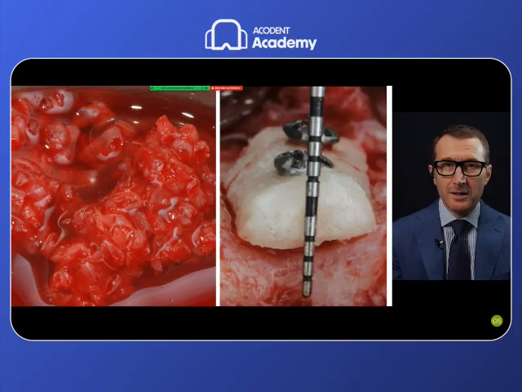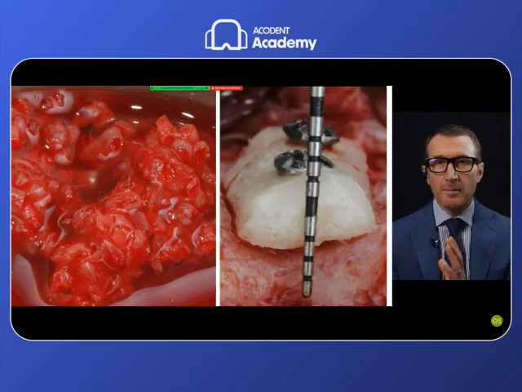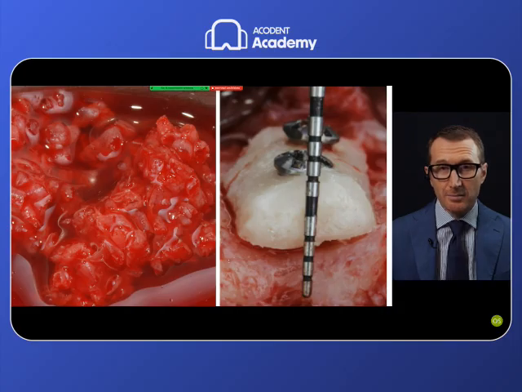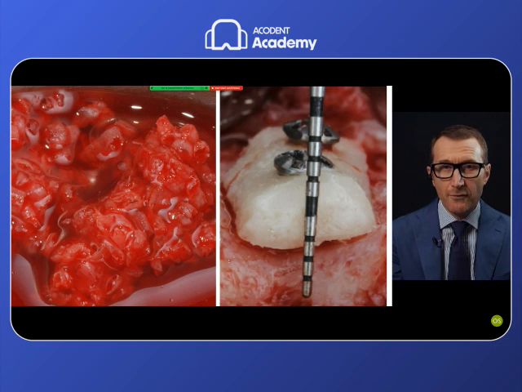There is a completely different coagulum position. With particulated material, the coagulum is inside the graft, between the particles. In a block scenario, the coagulum is going to be displaced by the presence of the block, and the coagulum is not in the middle of the graft, but just around the graft, on the periphery of the grafted area.